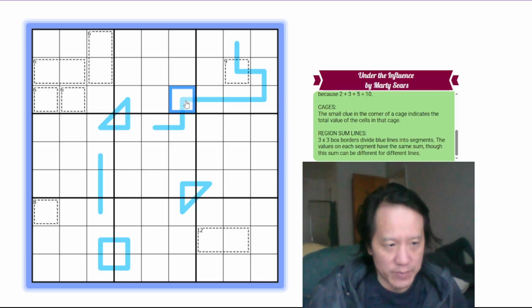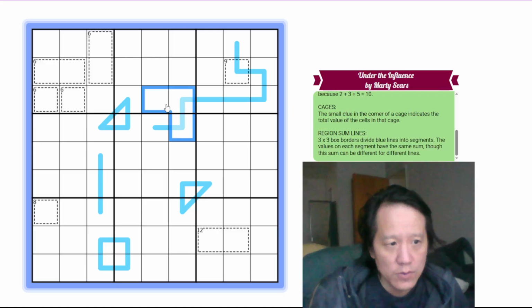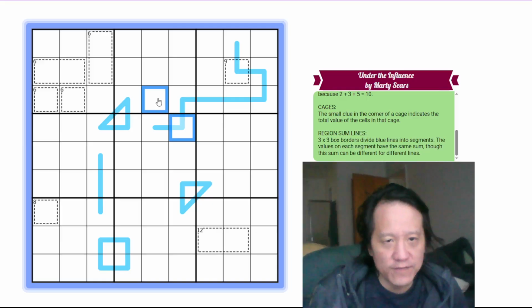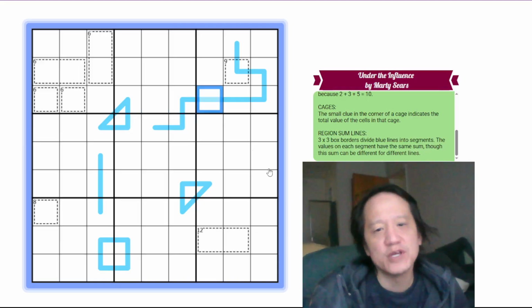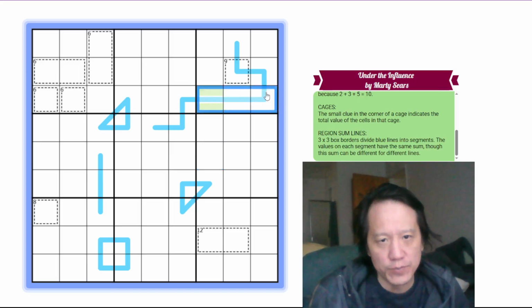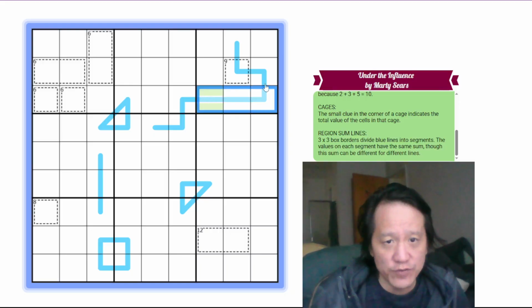The minimum is obviously 9, 7, and 8, for the influencer cell. And if this were the influencer cell, the problem is this would have its value too. So you'd have an additional value here.